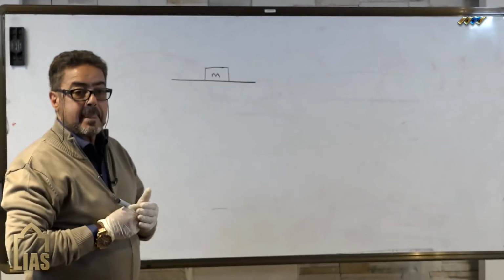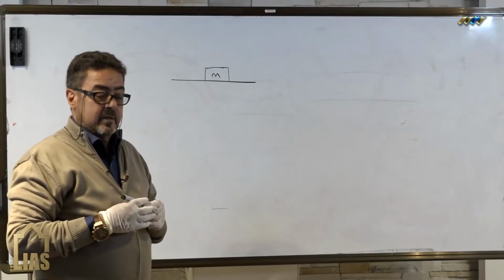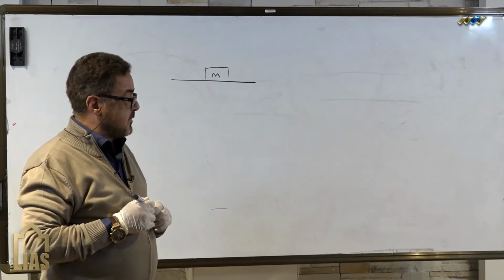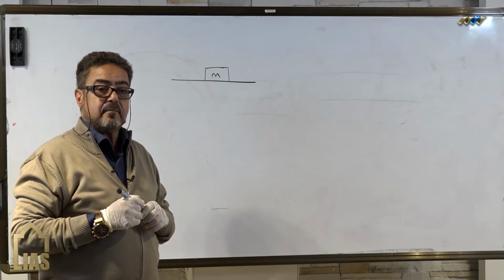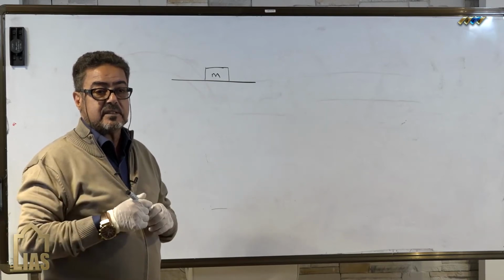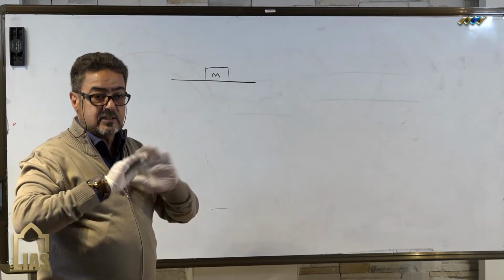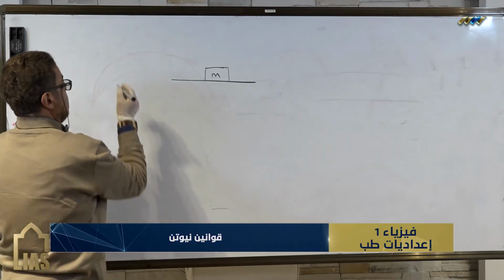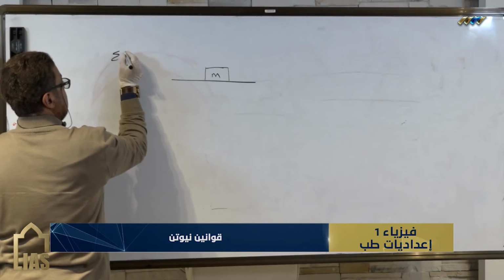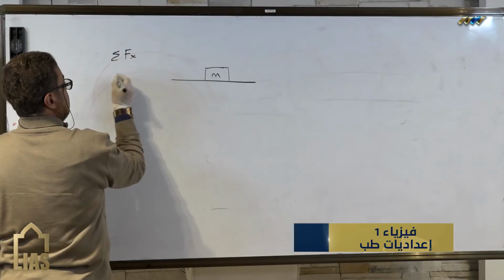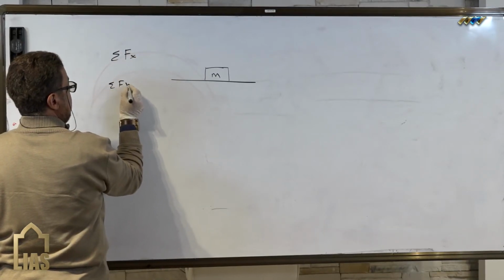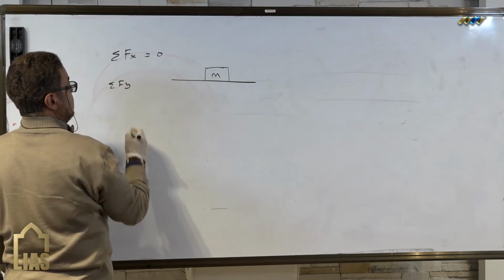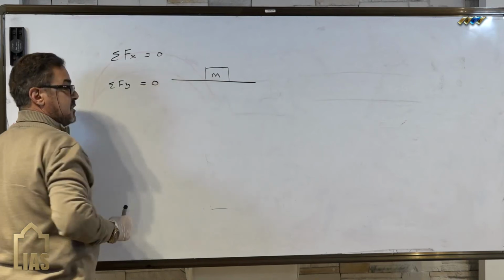When I put a mass m on a table, there is no movement, so sigma Fx must be 0 and sigma Fy must be 0, no movement.